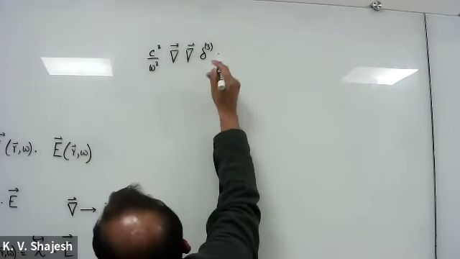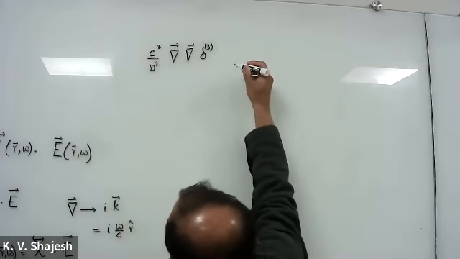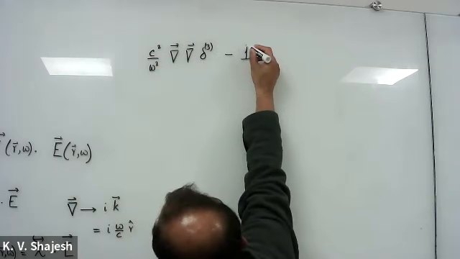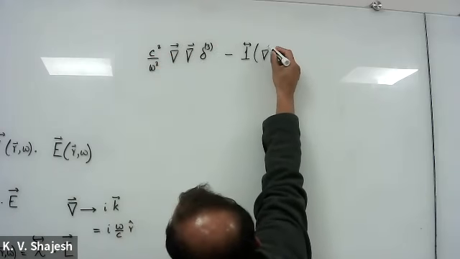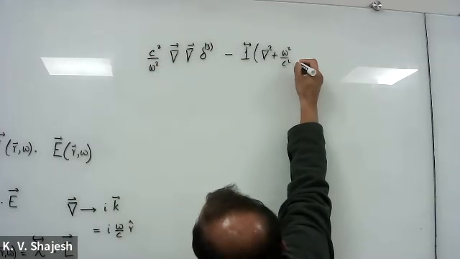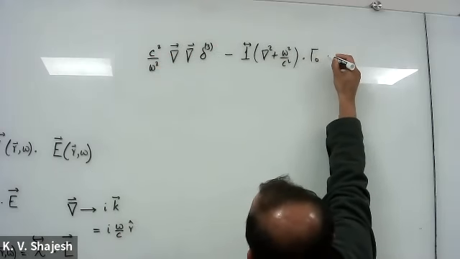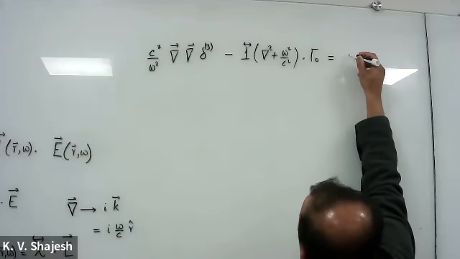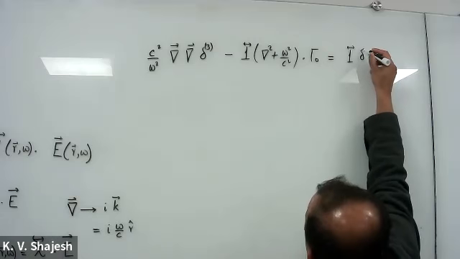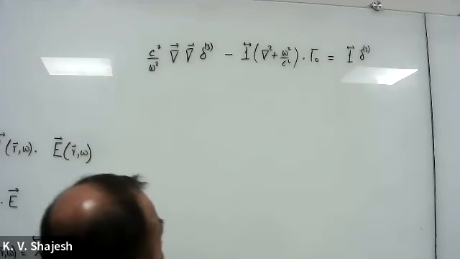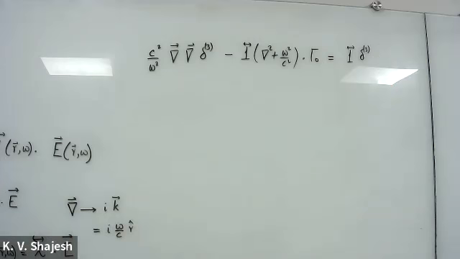Delta function, we do it symbolically, that's minus 1 times del square plus omega square over c square dotted with the Green's dyadic is equal to 1 times delta function. I have not put in the r minus r prime dependence in the delta function. And I've used this fact that this dotted with this, that divergence is equal to this.